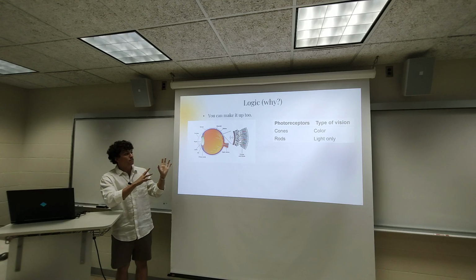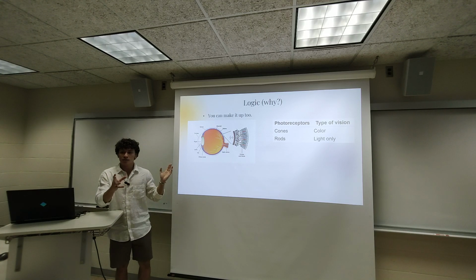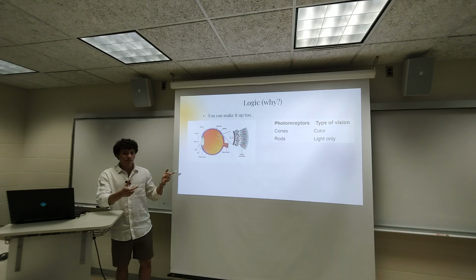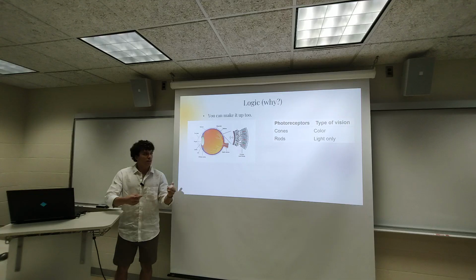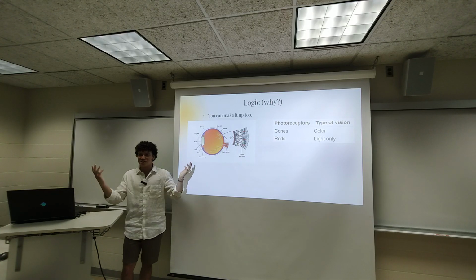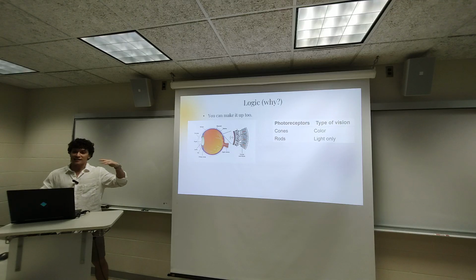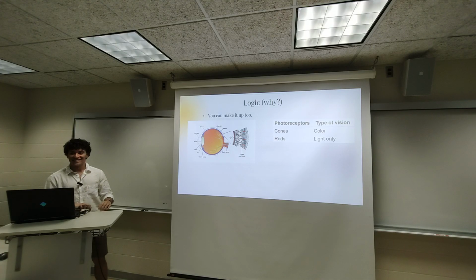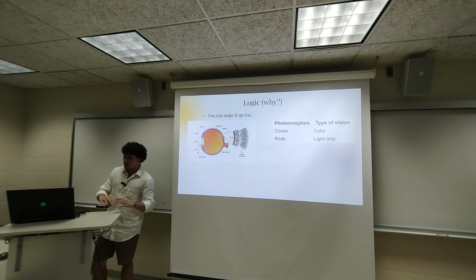You could memorize that by saying the word cone starts with C, for color, and rods are light, because the cones are color already, so you can just eliminate that. You can always make the logic up. Any comments on that? Okay, sure, so you can just make it up.